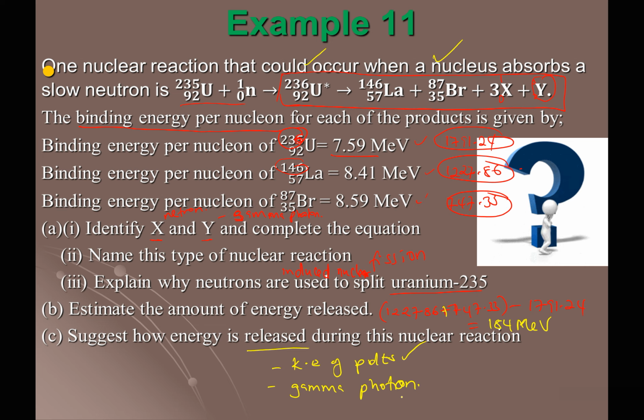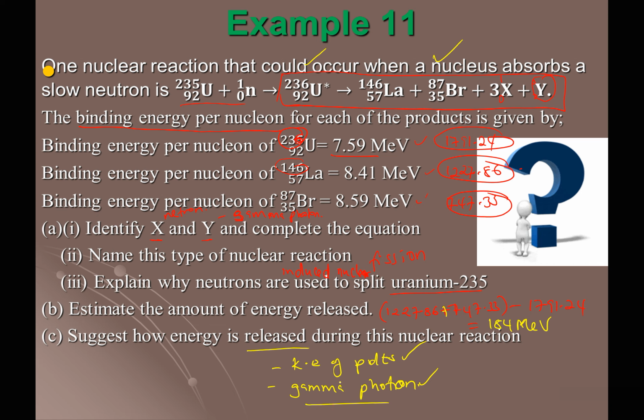It can also be heat. It can be emitted as kinetic energy and heat for La and Br, but most likely going to be kinetic energy of the products, such as the La, Br, the neutrons, and also energy is given as gamma photon because gamma photon is entirely electromagnetic radiation, which is actually energy.